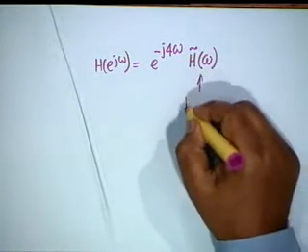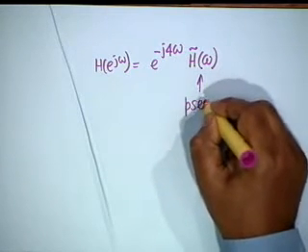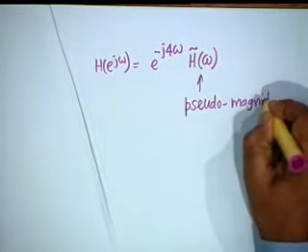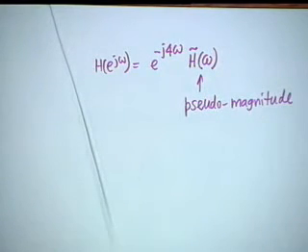This term is given the name pseudo magnitude. It is not magnitude because it can also have a phase. It is called pseudo magnitude.